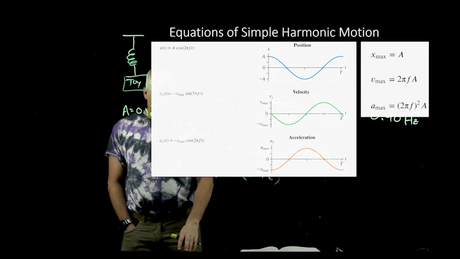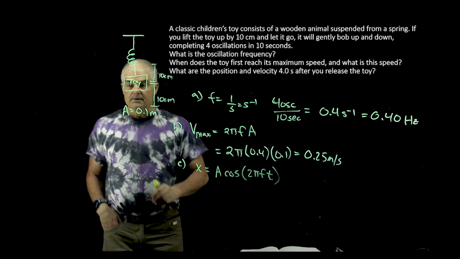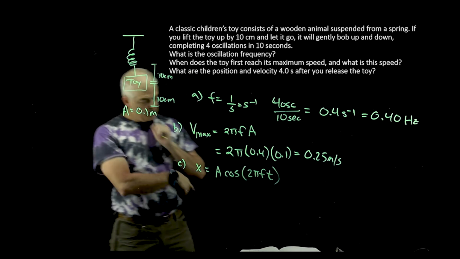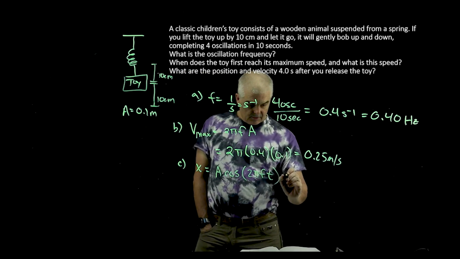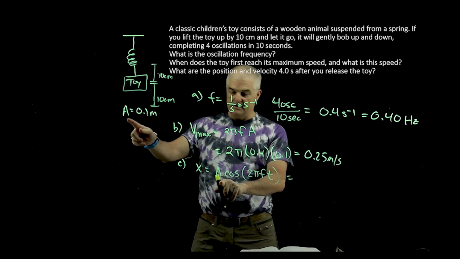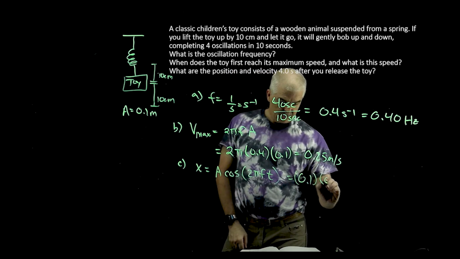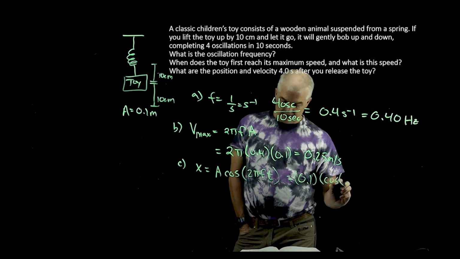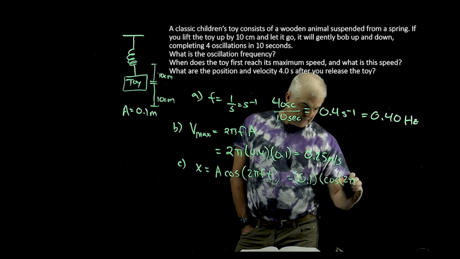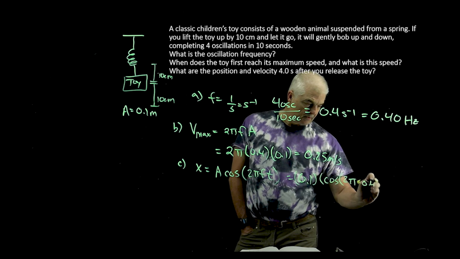So x is A cos 2 pi ft. A is the amplitude, so that's 0.1 times the cosine of 2 pi times f, 0.4, times 4 seconds, right?